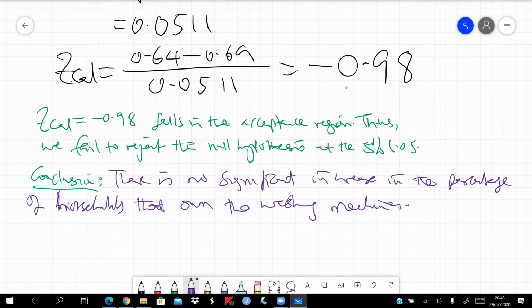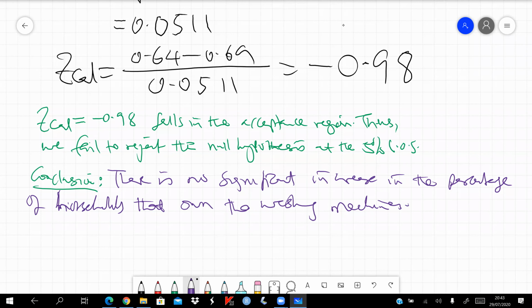There is no significant increase in the proportion of households that own washing machines. So any apparent increase is just a mere sampling error. There's nothing there. So guys, I want us to stop there.